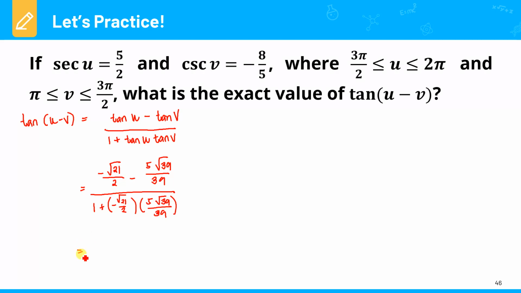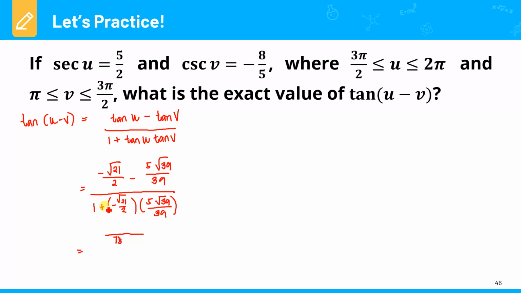In the numerator, the LCD between 2 and 39 is 78. So we can have the numerator as 78. 78 divided by 2 is 39.